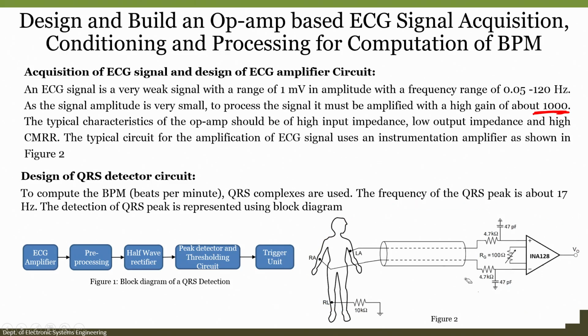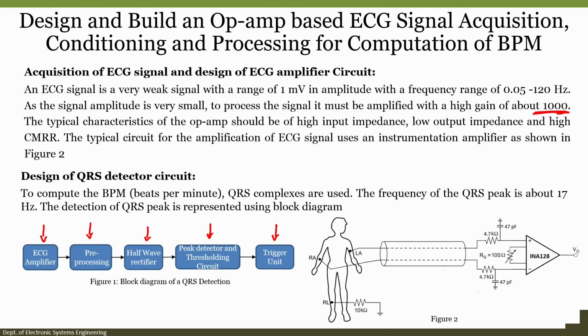For now, let us understand the block diagram of the QRS detection. For the QRS detection, we have the ECG amplifier, which will be followed by pre-processing and then half wave rectifier, peak detector and finally the trigger unit, right. So, these are the steps in the case of the QRS detection. Okay. Then we will move further to design a QRS detector circuit.